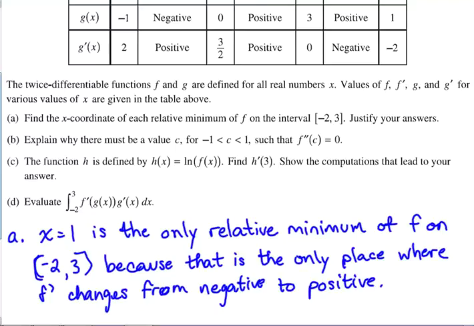So you get 1 point for that. You have to have the correct answer, x equals 1, and you have to have the justification.